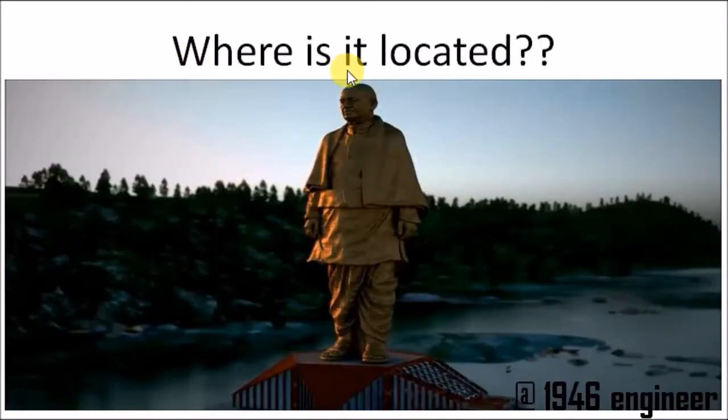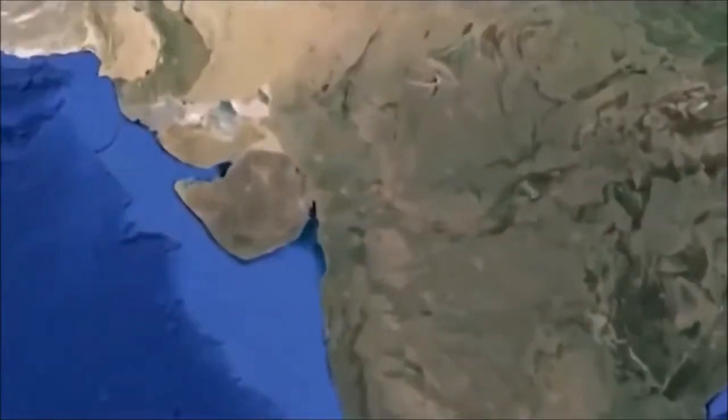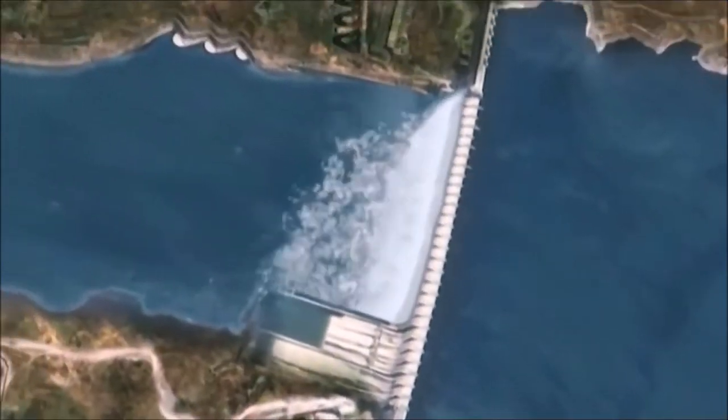And next, where is it located? In India, in the state of Gujarat, we have the west flowing river Narmada. This is Narmada, where you have the Sardar Sarovar Dam. This dam is the brainchild of Sardar Vallabhbhai Patel, which is surrounded by Vindhyachal mountains.